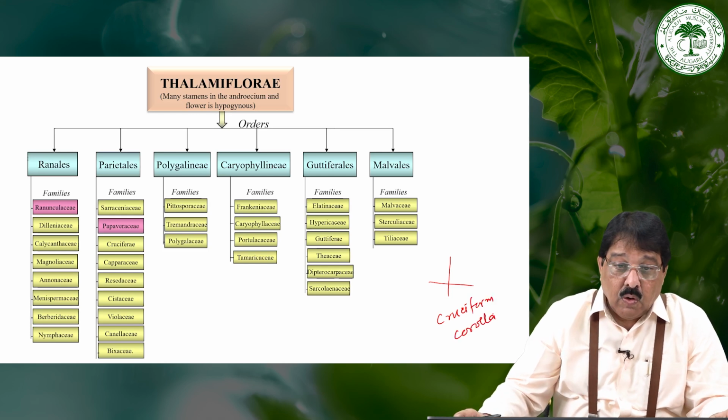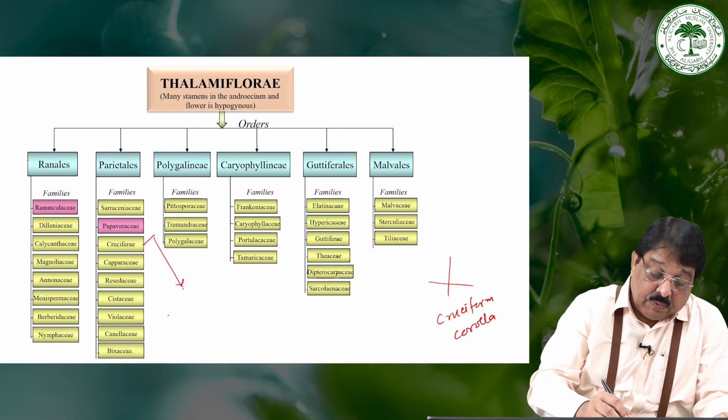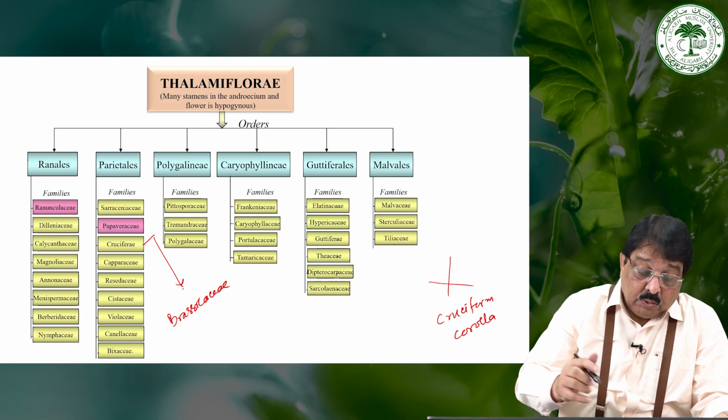corolla. So all the members of the Cruciferae, another name of the Cruciferae is Brassicaceae. It is also called Brassicaceae.